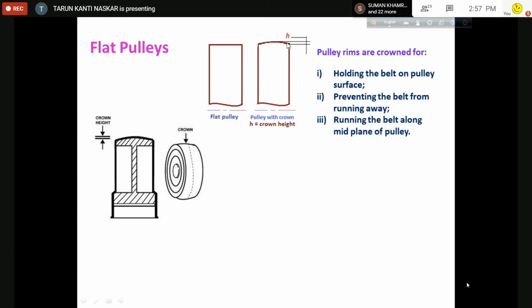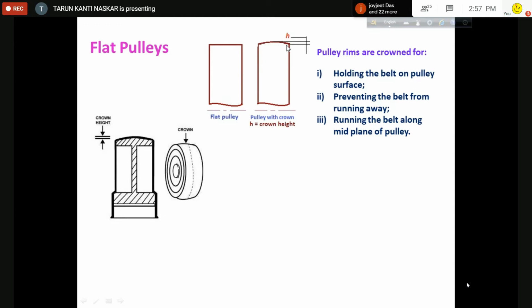So this is the higher diameter side. From both sides, it will be dragged to the higher diameter side. Okay. So since from both sides it will be dragged to the higher diameter side, then it cannot fly away from that. Okay, this is one thing.